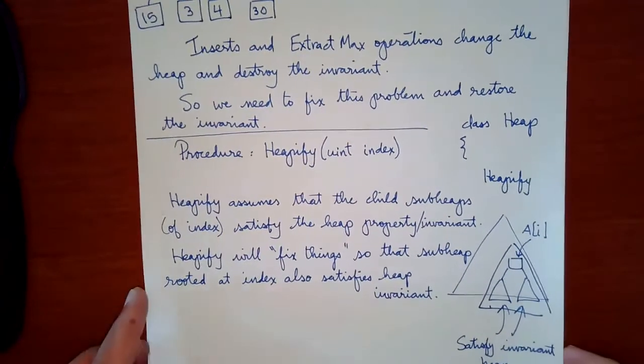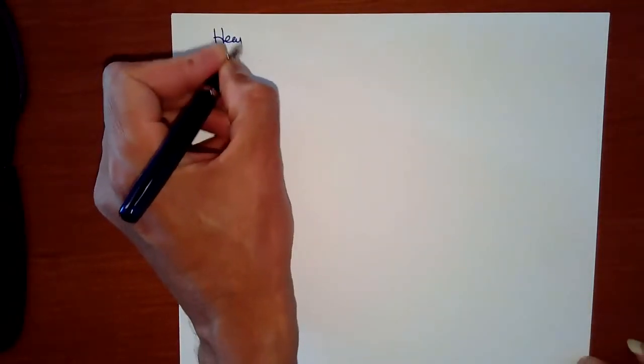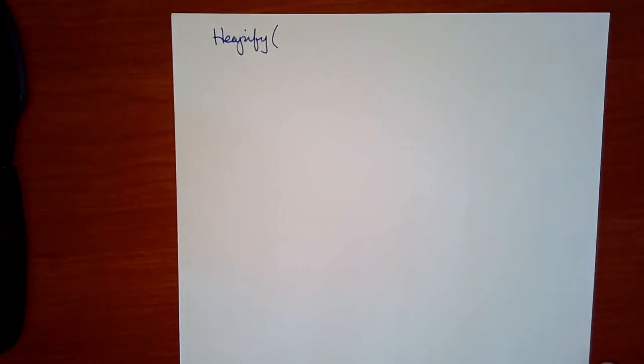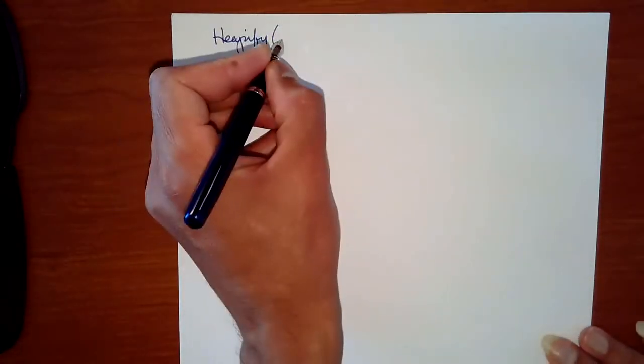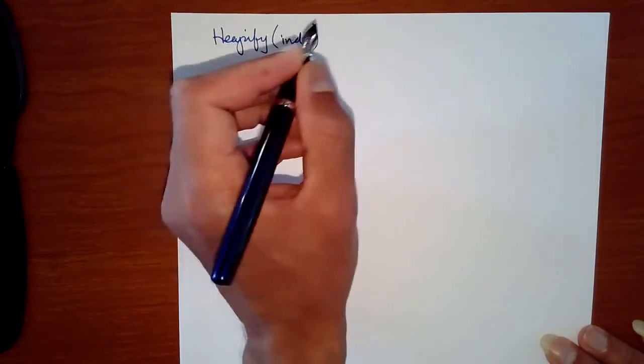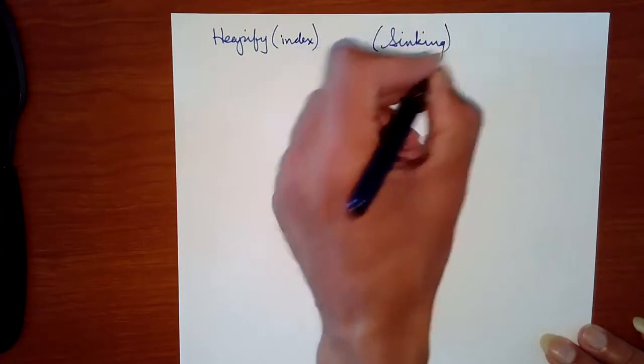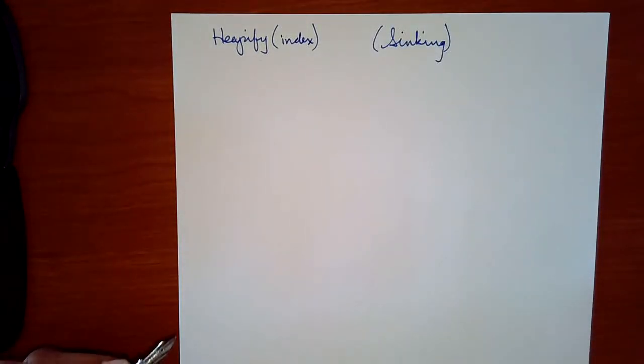So let me write out Heapify, and I think then maybe some of this discussion will become clearer. I'm not going to carry around types. So I'm just going to say Heapify at index I, and this is also called sinking. You'll see it's called sinking because low priority elements are going to go down the heap.